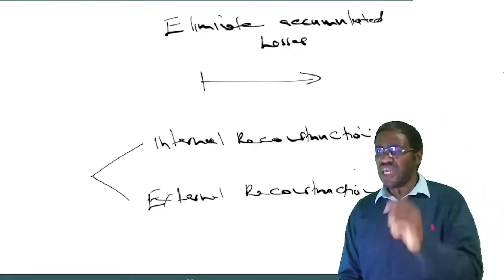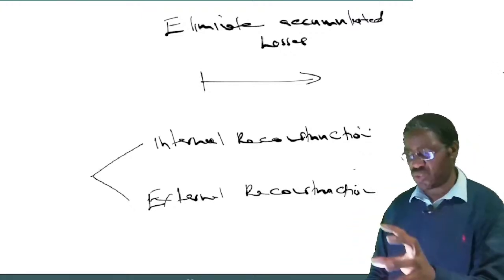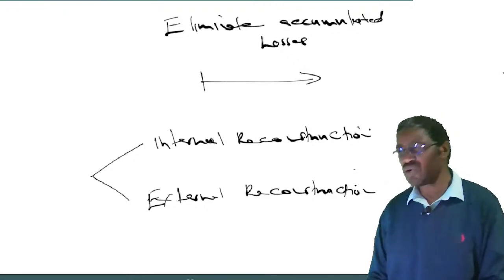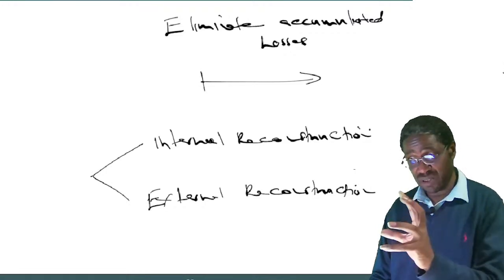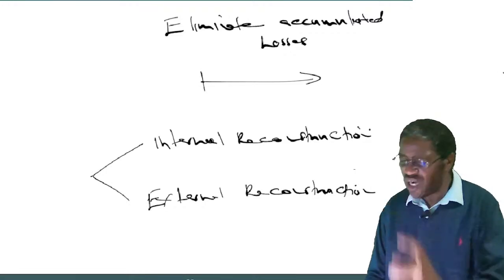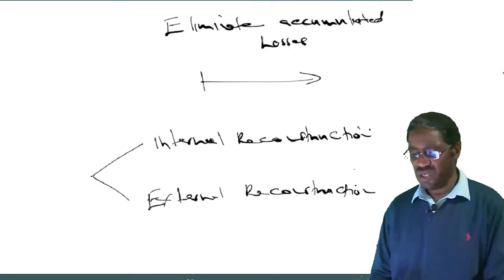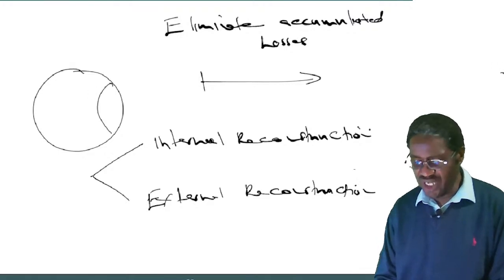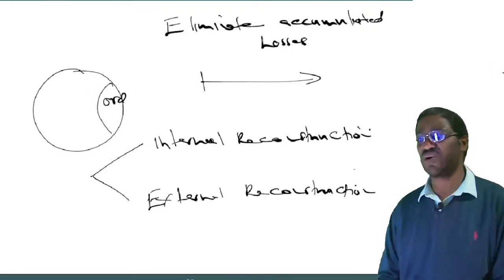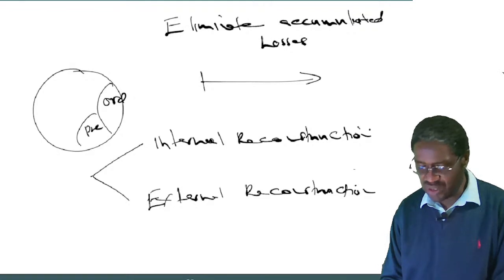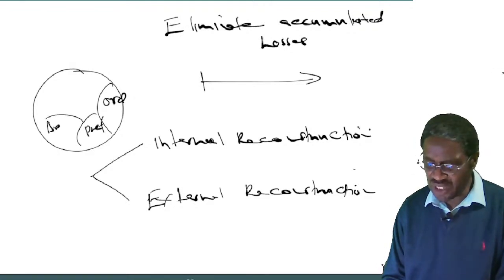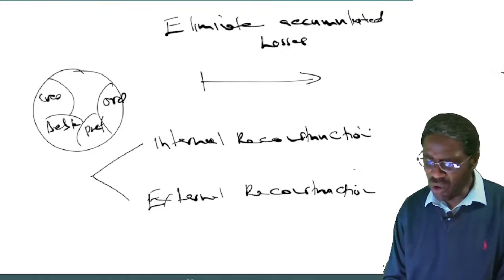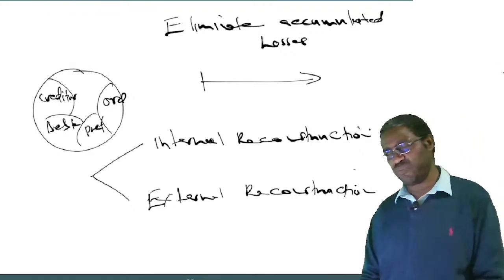Now, if as a company you choose to reconstruct yourself through an internal reconstruction, then all the stakeholders of that company will be called into a meeting. These include ordinary shareholders, preference shareholders, maybe debenture holders, creditors, and all other stakeholders of the company.